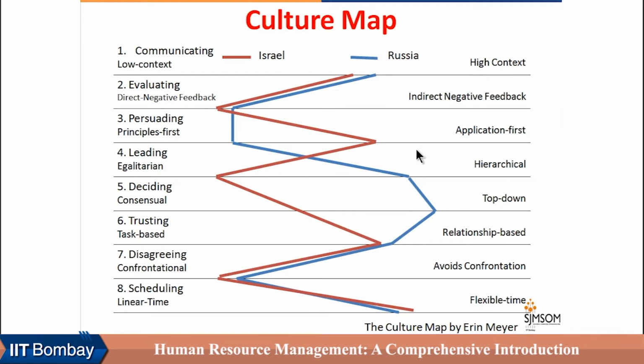Certainly these elements are drawn from the societal culture, but they beautifully capture the differences in the organization culture as well. In this graph you can see Israel and Russia, they are mapped across 8 parameters. These 8 parameters, which she calls the elements of the cultural map, are common, and based on these 8 factors we can distinguish the different cultures.